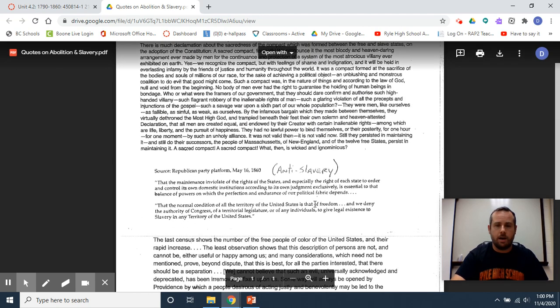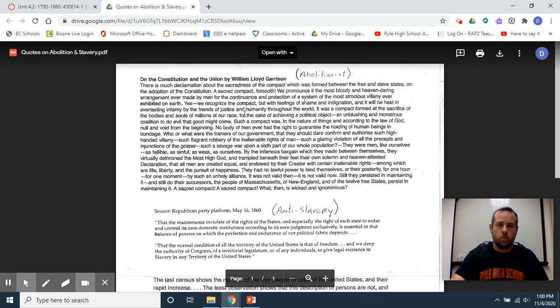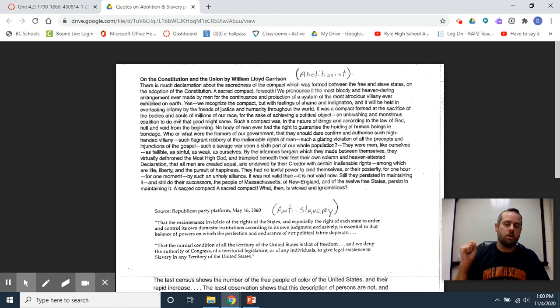For example, William Lloyd Garrison is what we are going to call an abolitionist. He believed that slavery was morally wrong and it needed to be abolished. The institution needed to be destroyed.